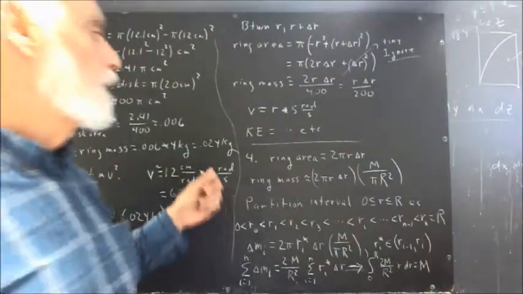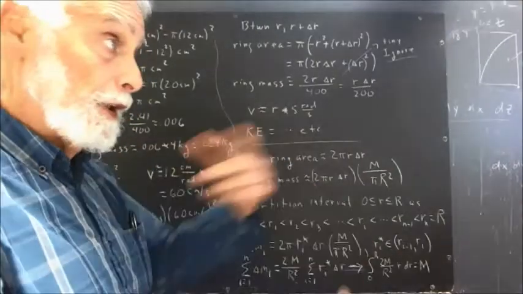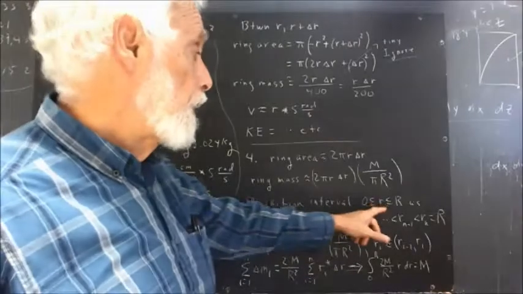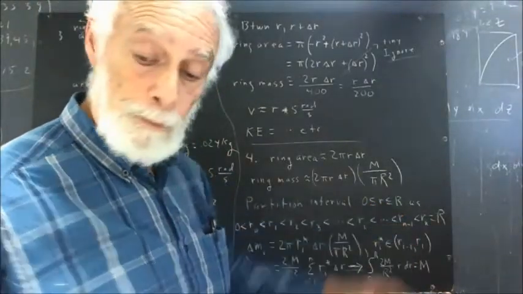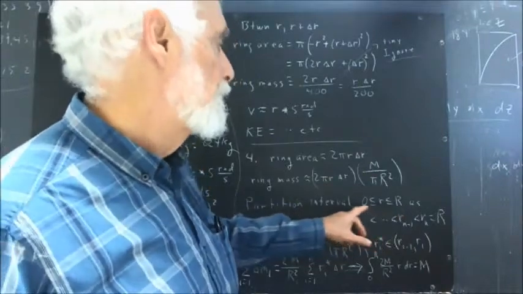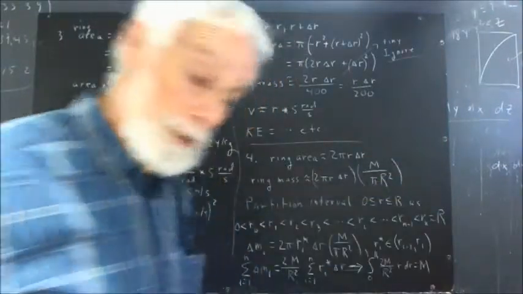Then what we want to do is figure out the kinetic energy of the entire disk. So we partition our R interval, from 0 to big R, which represents the center to the outer rim of the large disk.